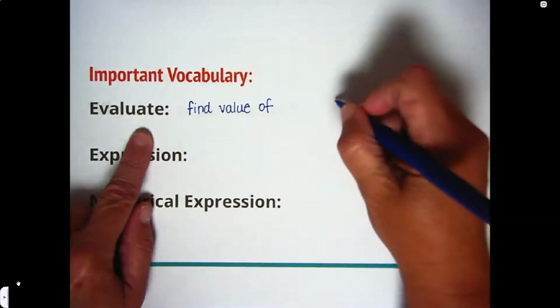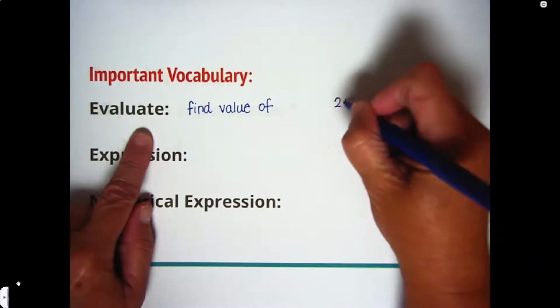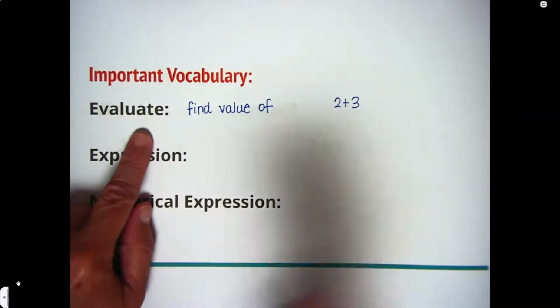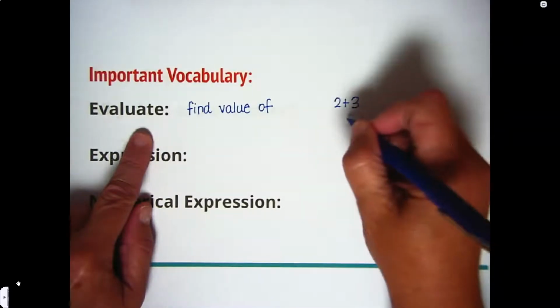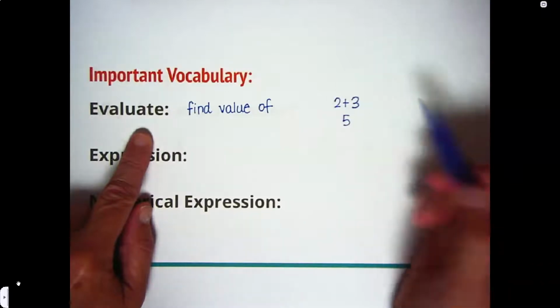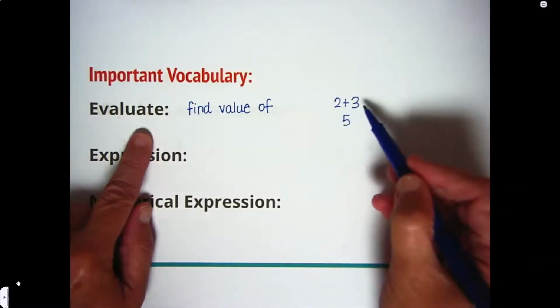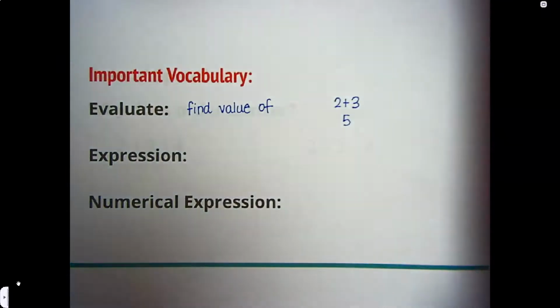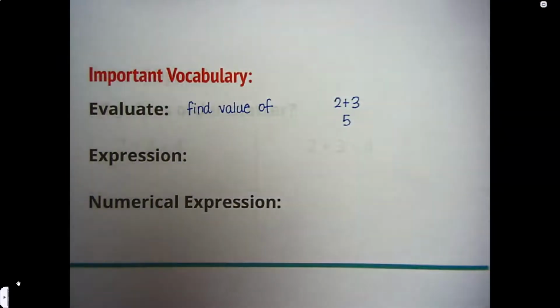Now, to give you a really simple example, here is a numerical expression, 2 plus 3. Really simple. And we all know that if we add 2 plus 3, we get 5. So that is evaluating. When I work out 2 plus 3 and I say, well, the value of that is 5, that's what we mean by evaluate. Work it out, get it down to one number, and tell me how much that expression is worth.